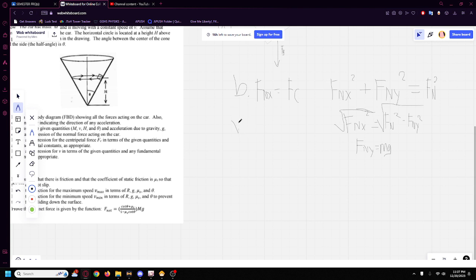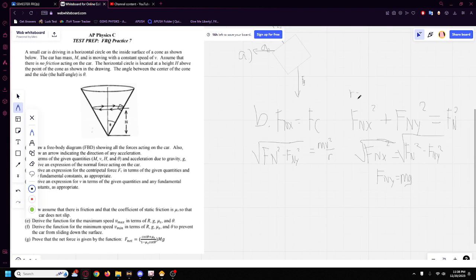So it means that F_N x is the square root of F_N squared minus F_N y squared, and F_c is equal to m v squared over r.